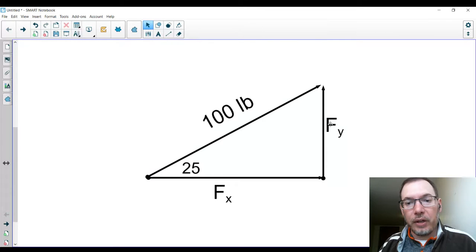Some of our force is going to want to push my object, or whatever this is pressing against, in this upward direction. Some of it is wanting to push it in the rightward direction. What we want to know is how much of that force is going in each way. One thing we do have to be aware of is they're not going to add up to 100, which we know because of the Pythagorean theorem.